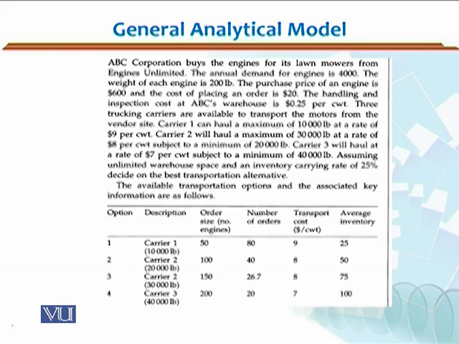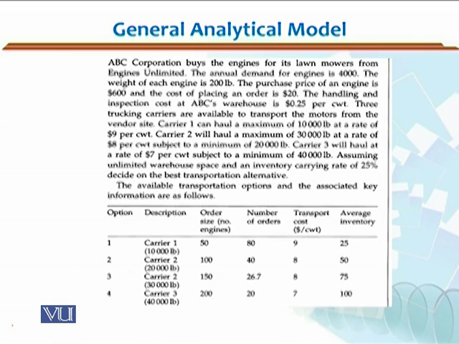Decide on the best transportation alternative. We need to decide whether to go for Carrier 1 or Carrier 2 or Carrier 3. So the available transportation options and the associated key information are as follows. Option 1, Carrier 1, 10,000 lb would be the weight.